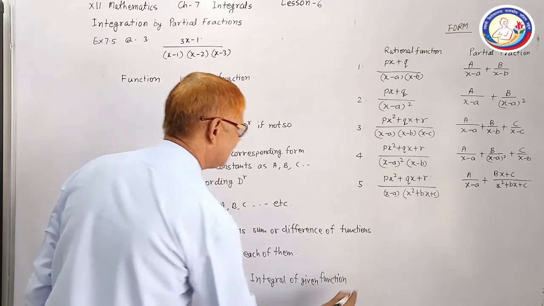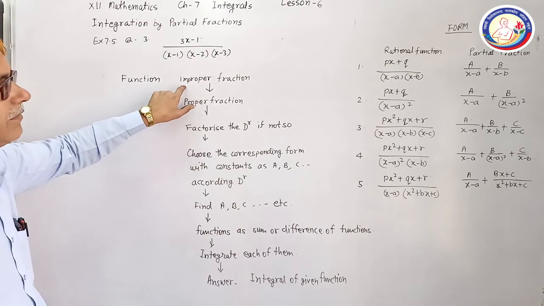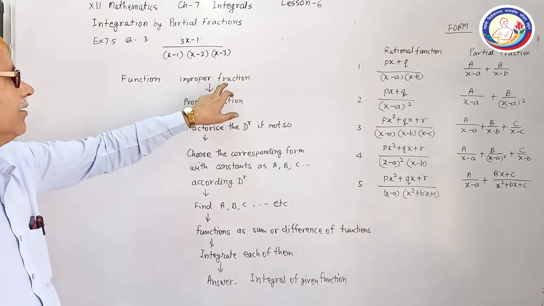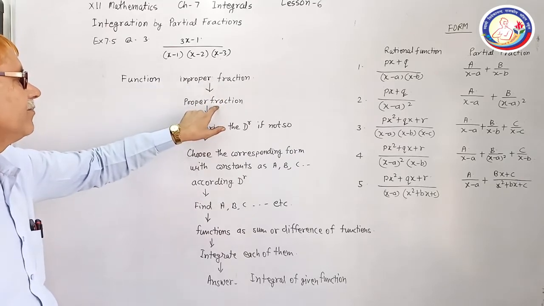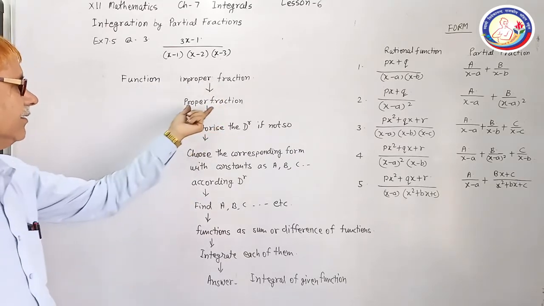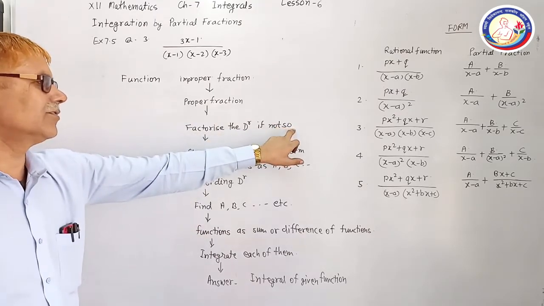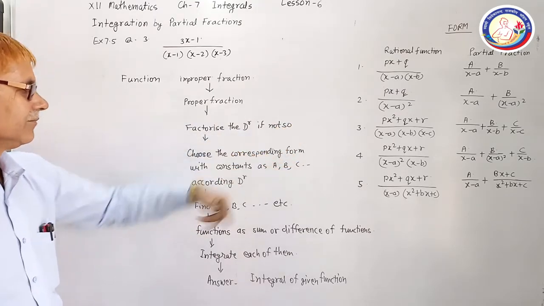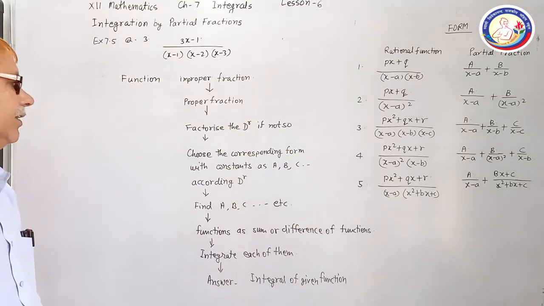This is the way. I am repeating it. First, if the rational function is not in proper form, it is an improper fraction, then change it to a proper fraction. After that, take the proper fraction and factorize the denominator if it is not in this form. If factors are given, there is no need to do anything.